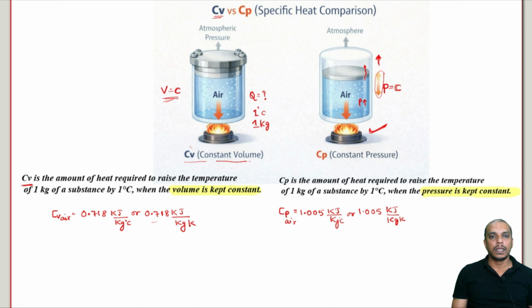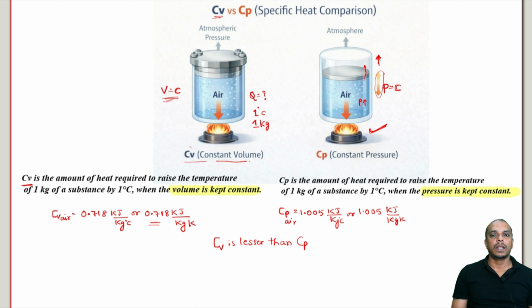Because of that, it requires a little more energy to raise the same 1 degree Celsius. On the other hand, in CV, the piston is locked. All the heat results in a rise in temperature. So the value of CV is lesser than the value of CP.